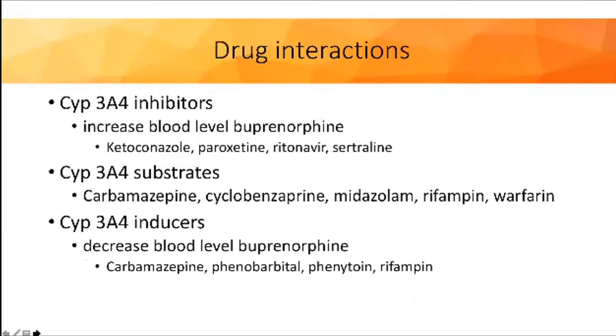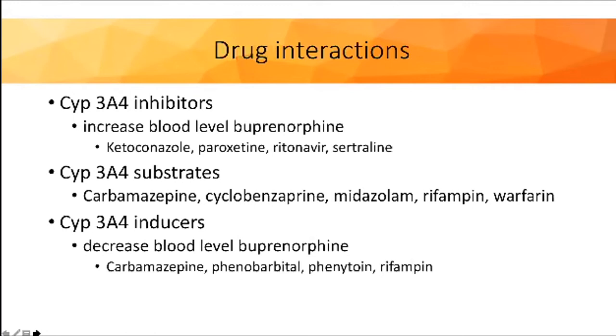And so some drug interactions, the hepatic metabolism. So CYP3A4 inhibitors, just want to keep an eye out for azole antifungals, some antidepressants, antiretrovirals, and also keep in mind some common 3A4 substrates that folks may be on. So muscle relaxers, benzos, anticoagulants.